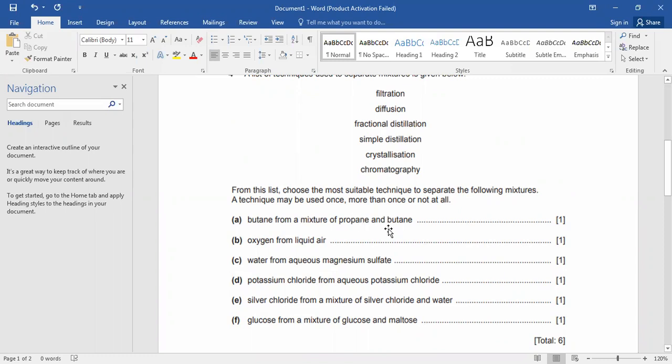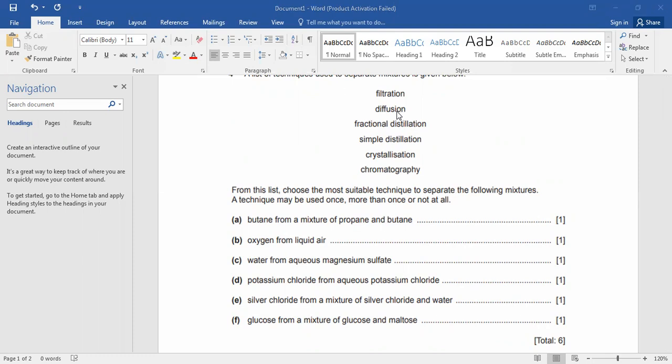Butane from a mixture of propane and butane. How to separate this? Actually, butane is a gas, propane is a gas, right? Both are gases. So gases, in the sense, what method we have to use?